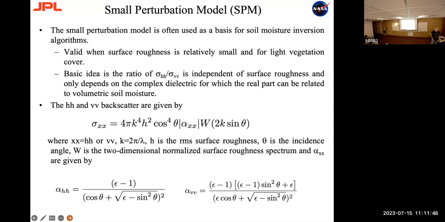Is the moisture in the vegetation and the structure of the vegetation reflected the same in H and V polarization? The answer is no. Usually there's a difference in how the moisture and the vegetation structure interact with the polarizations. And that allows you to try to work on separating these things.